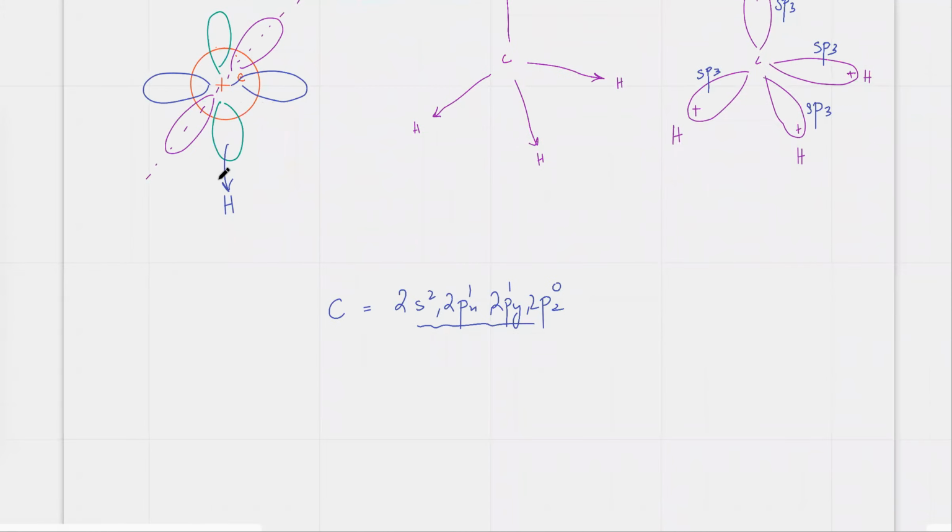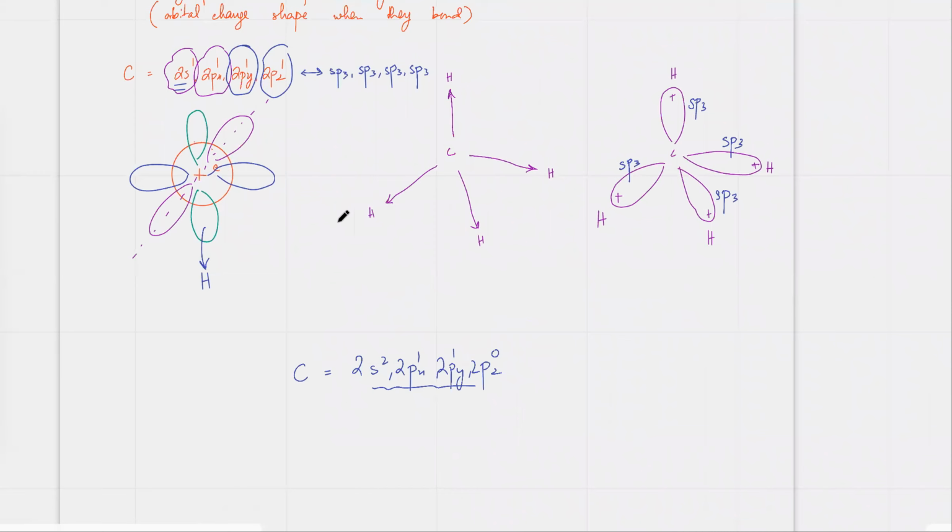What happens during bonding is this. It has four electrons. Two of the electrons are together at the moment, right? But one hydrogen atom pulls an electron in one direction, the other one pulls an electron in another direction, the third in a different direction, the fourth in a different direction. So do you think all the electrons are going to stick together?